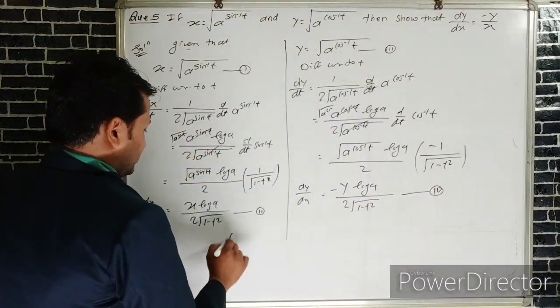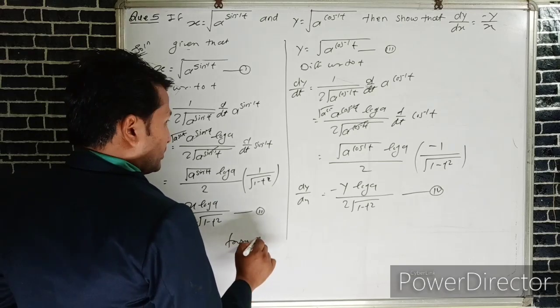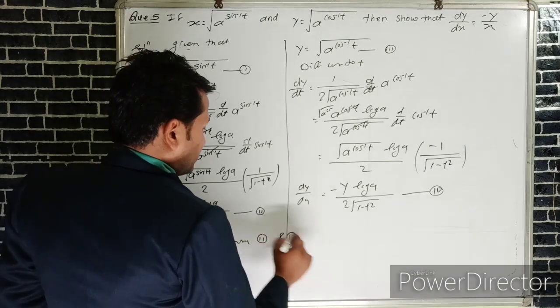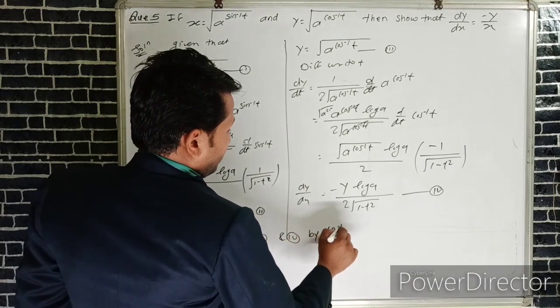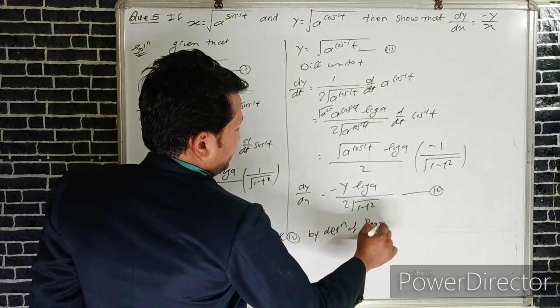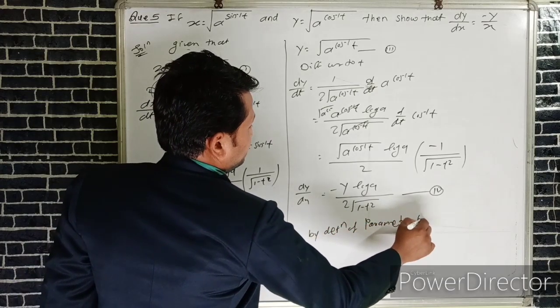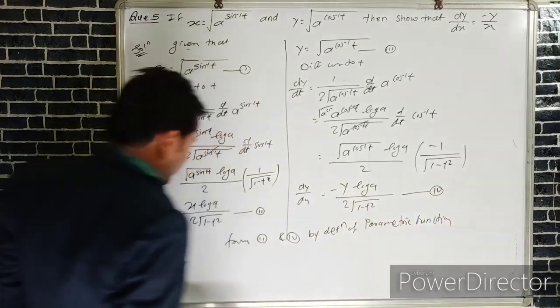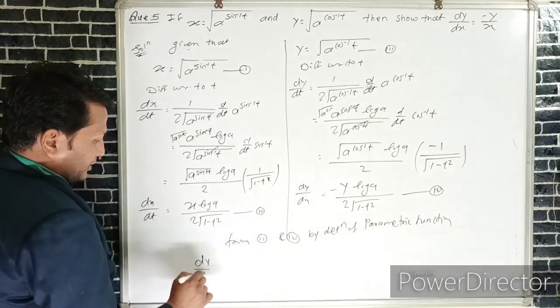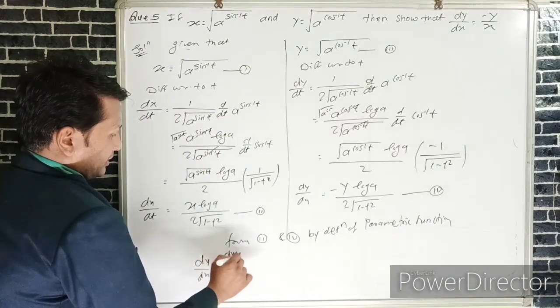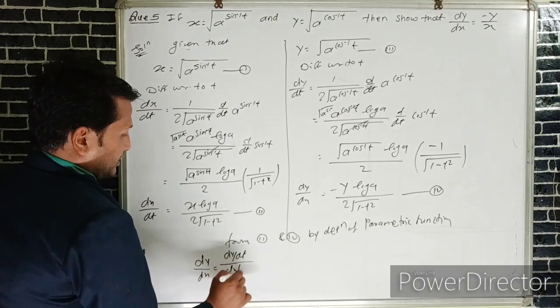From equations 1 and 2, by the definition of parametric functions, we can write dy upon dx is equals to dy by dt upon dx by dt.